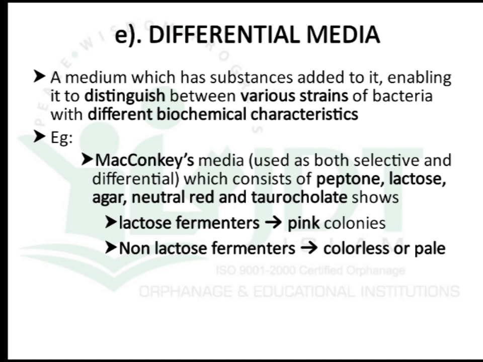So MacConkey agar, which consists of peptone, lactose, neutral red and taurocholate, will show a pink color for lactose fermenting bacteria and colorless or pale for non-lactose fermenter bacteria. So that is the difference, differential media.